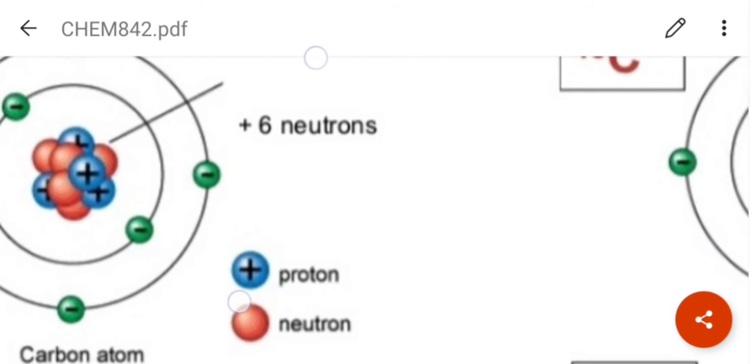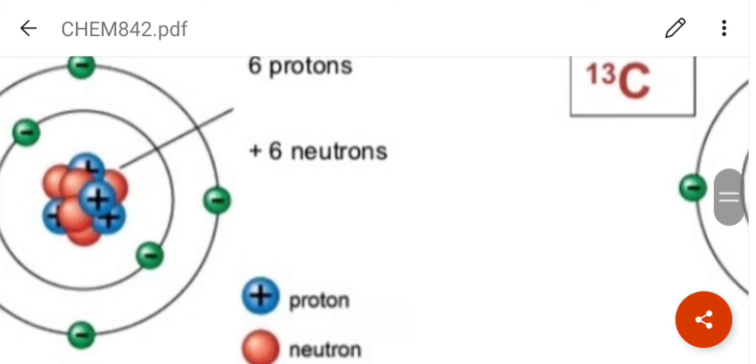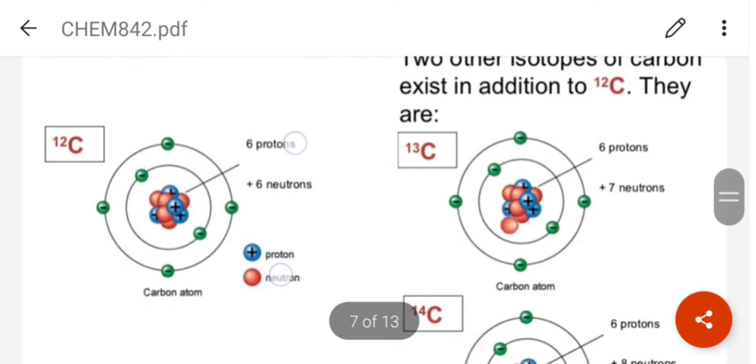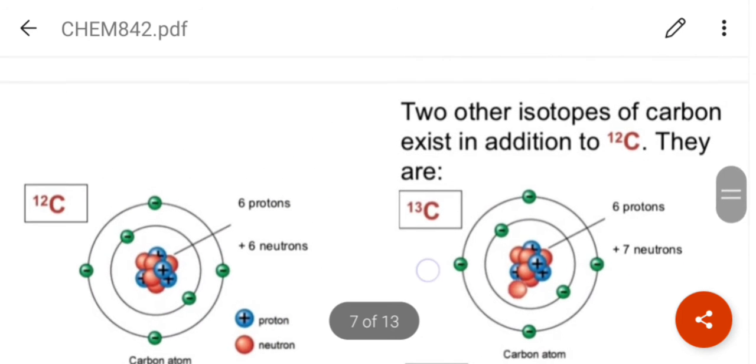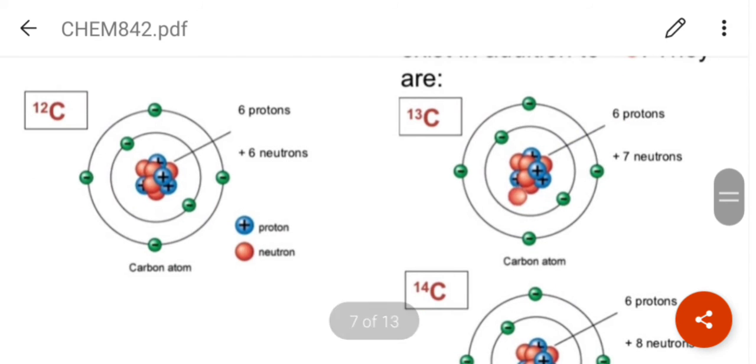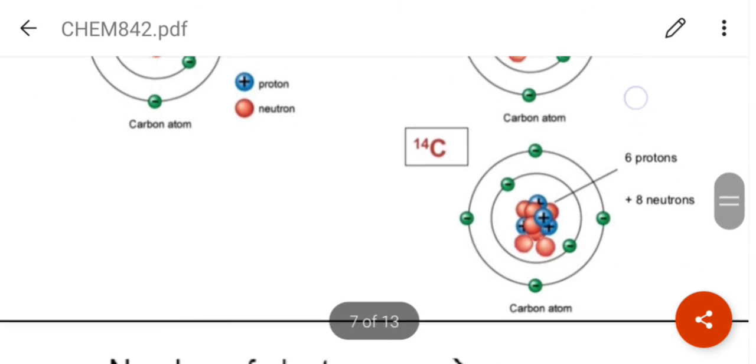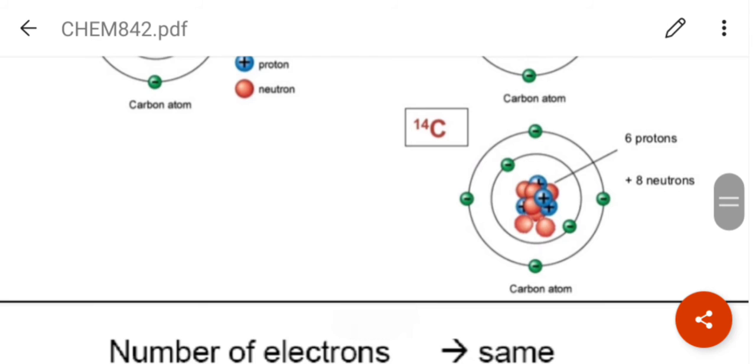As you can see, you can count 1, 2, 3, 4, 5, 6, the green colored balls. Then in 13C6, it has 6 protons, 6 electrons, but the number of neutrons is 7. In 14C6, 6 protons, 6 electrons, but neutrons are 8.